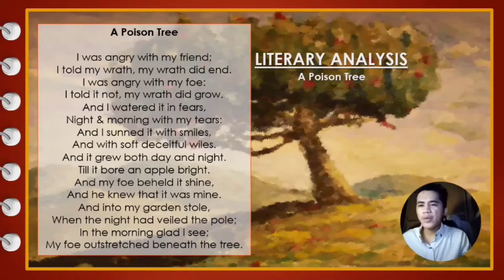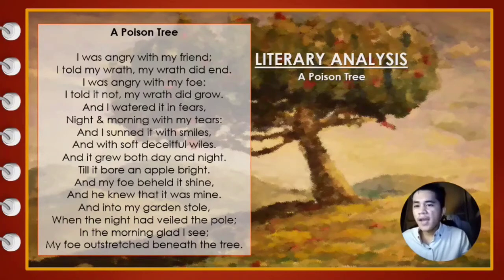I was angry with my friend. I told my wrath, my wrath did end. I was angry with my foe. I told it not, my wrath did grow. And I watered it in fears, night and morning with my tears. And I sunned it with smiles, and with soft, deceitful wiles. And it grew both day and night, till it bore an apple bright.